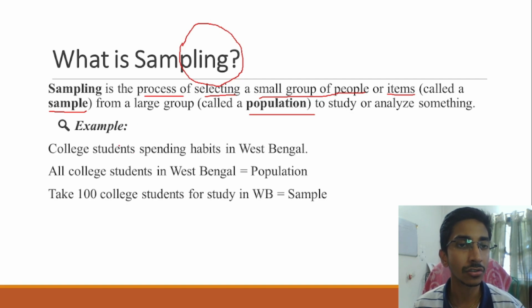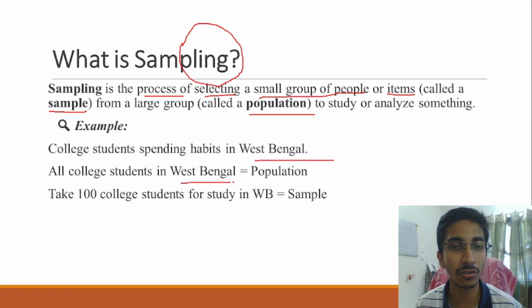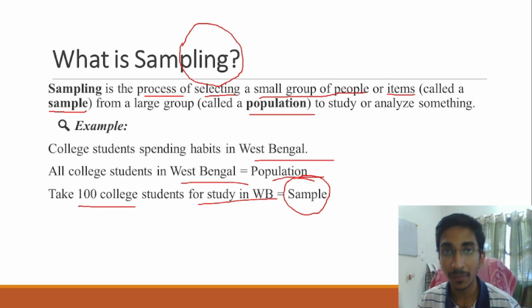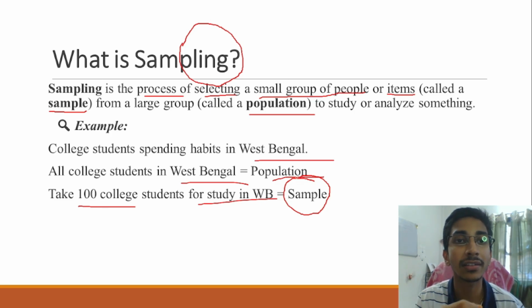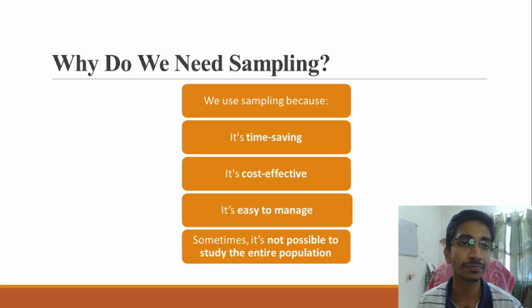If we want to study the spending habit of college students in West Bengal, then all the college students in West Bengal are the population, and if we take 100 college students for our study, it is a sample, and the process of collecting data is called sampling, right?